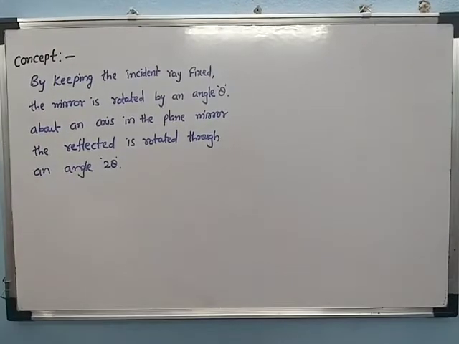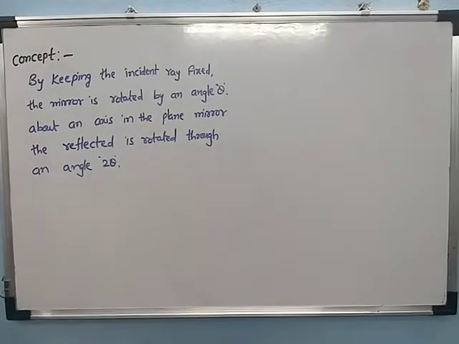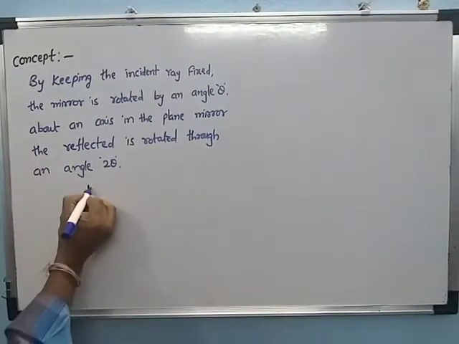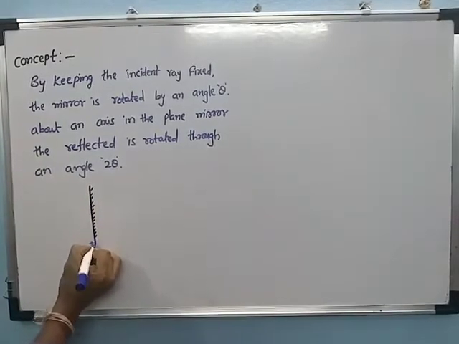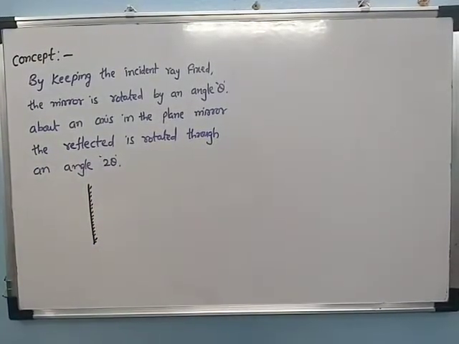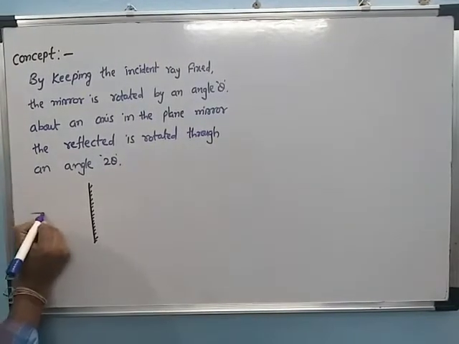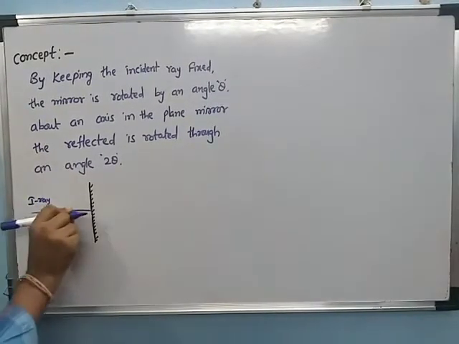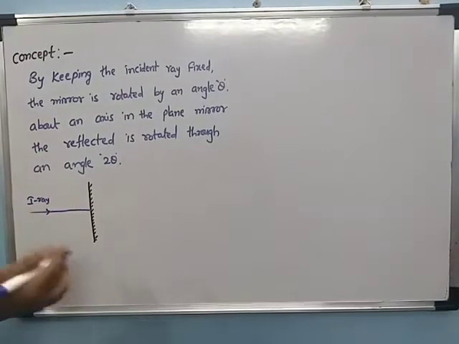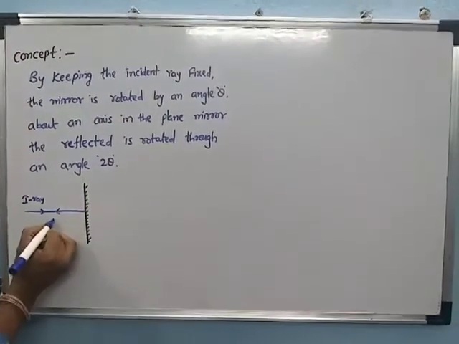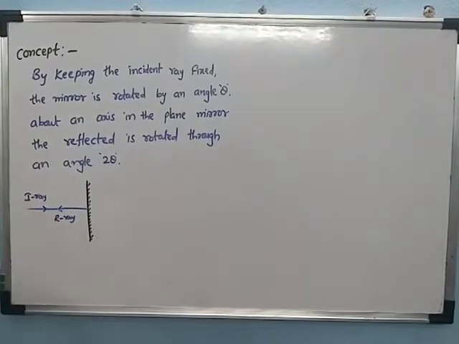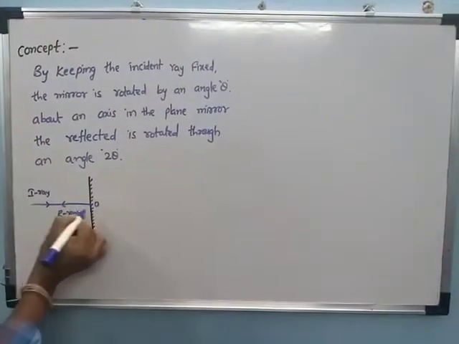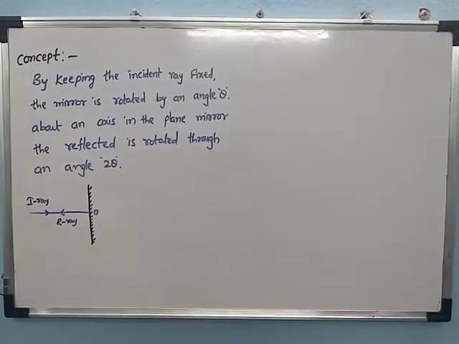In a plane mirror, the reflected ray is rotated through an angle of 2 theta. This is the plane mirror, taken perpendicular to the direction. When the incident ray falls perpendicular on the plane mirror, the reflected ray is also perpendicular, opposite to the incident ray. It is incident at point O and the reflected ray is opposite to the incident ray.